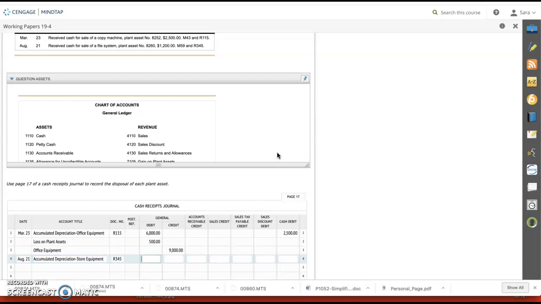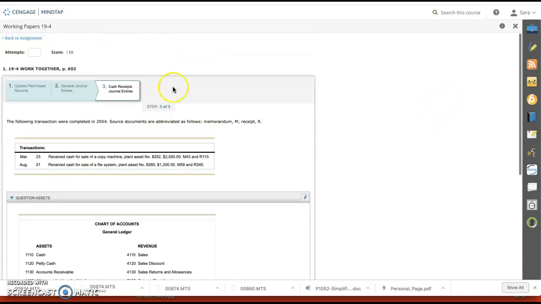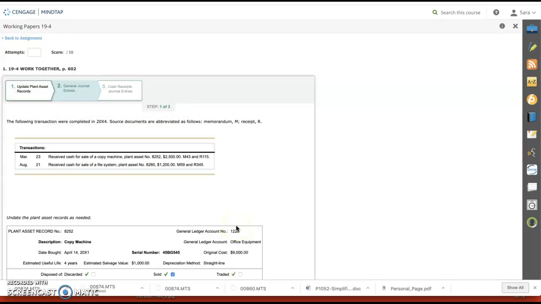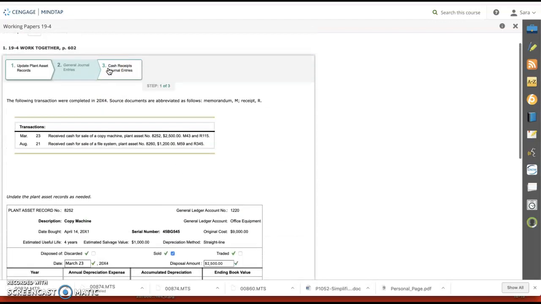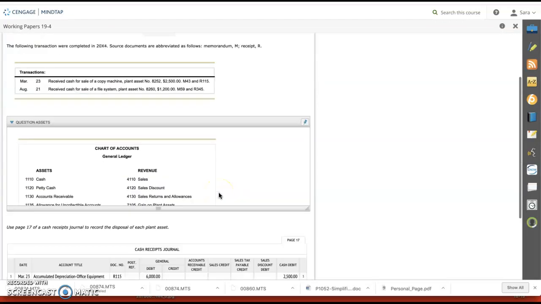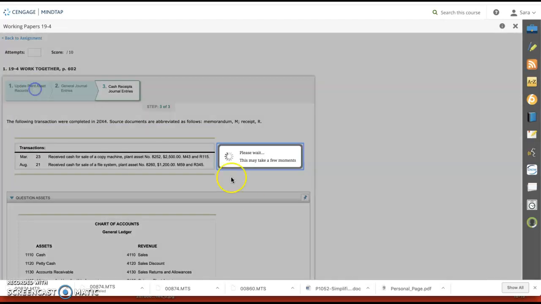R345. And so then once again, we're going to go back and look and see what that was. So then that was $950. And then our second line will be Store Equipment. And that's going to go in the credit, and so that is the actual cost of the item.